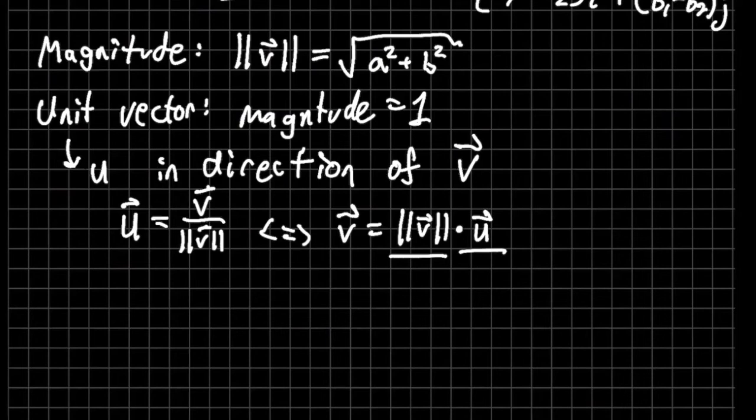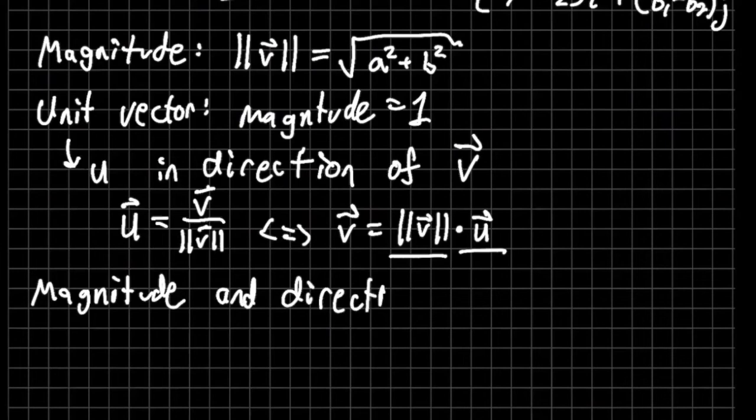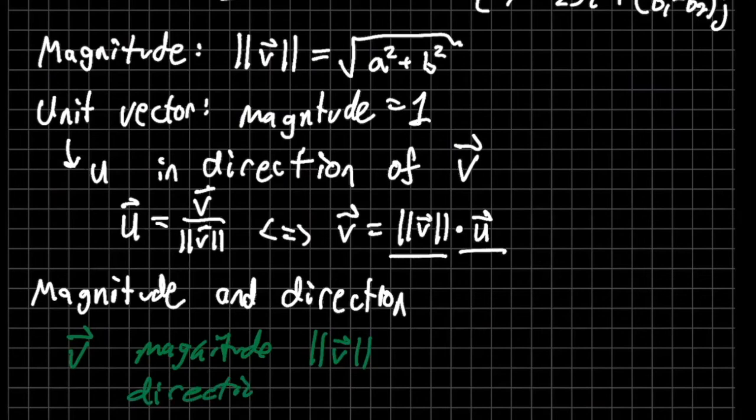Lastly, we can write vectors in terms of magnitude and direction. For example, if we have a vector v with magnitude, here we have magnitude of v, and the direction is some angle alpha.